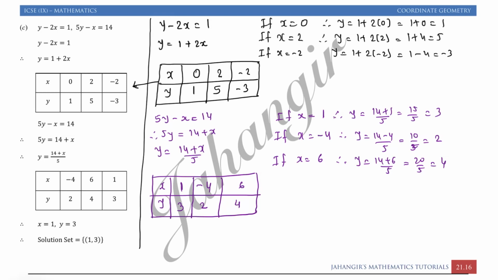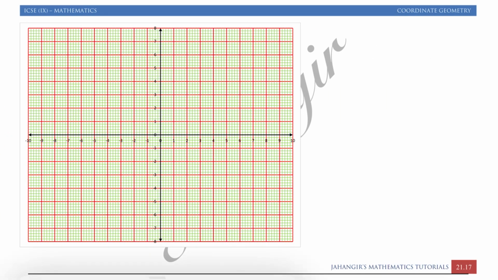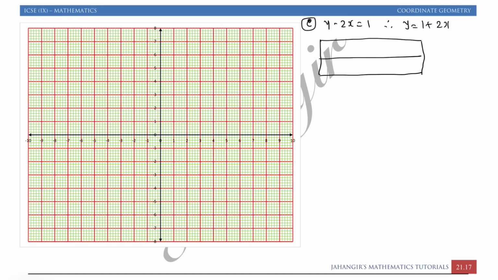Now let us plot on the graph all these 3 points. Before plotting, I have to write it over here. So let us write question number C. Equation was y minus 2x is equal to 1. So therefore we made it as y is equal to 1 plus 2x. Its values we found out was x, y. First value was 0, 1, 2, 5, minus 2, minus 3.